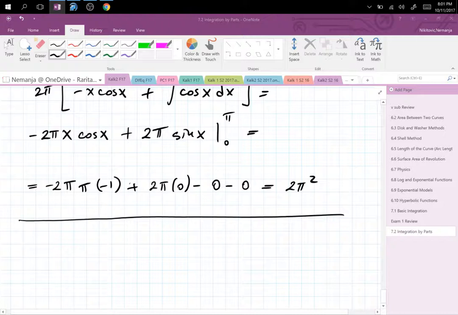Let's find something to match your enthusiasm. Integral from 1 to e of ln 2x dx.